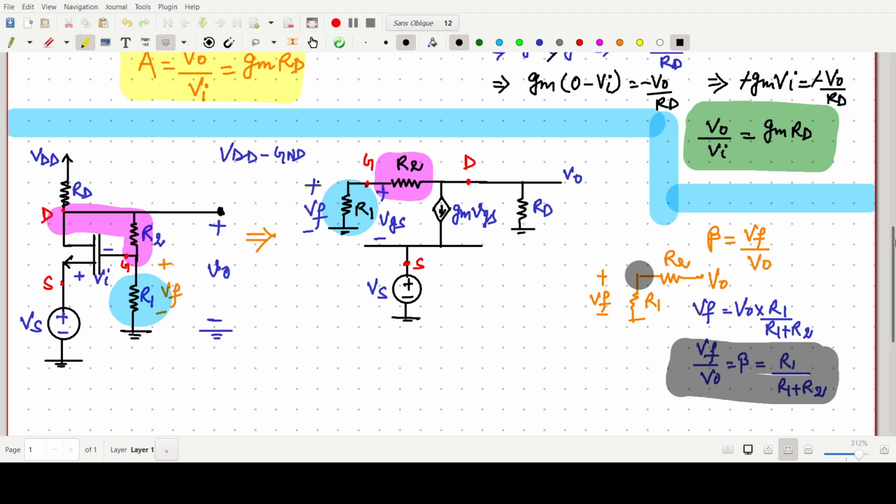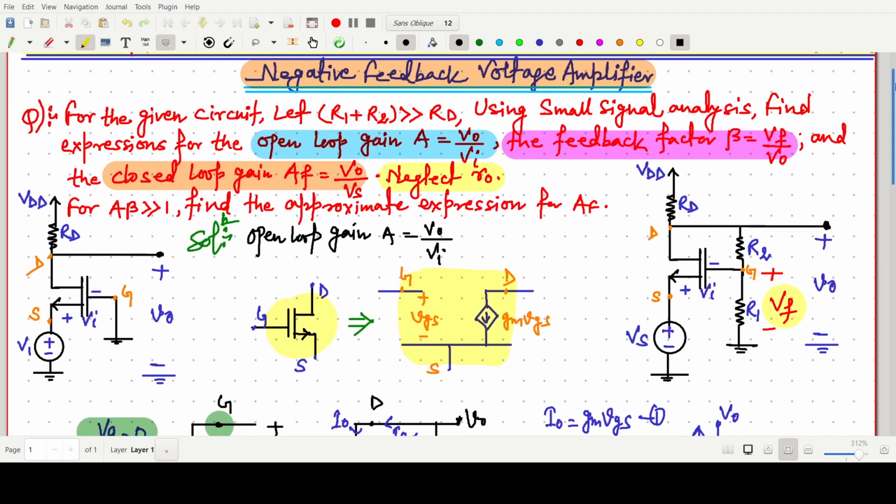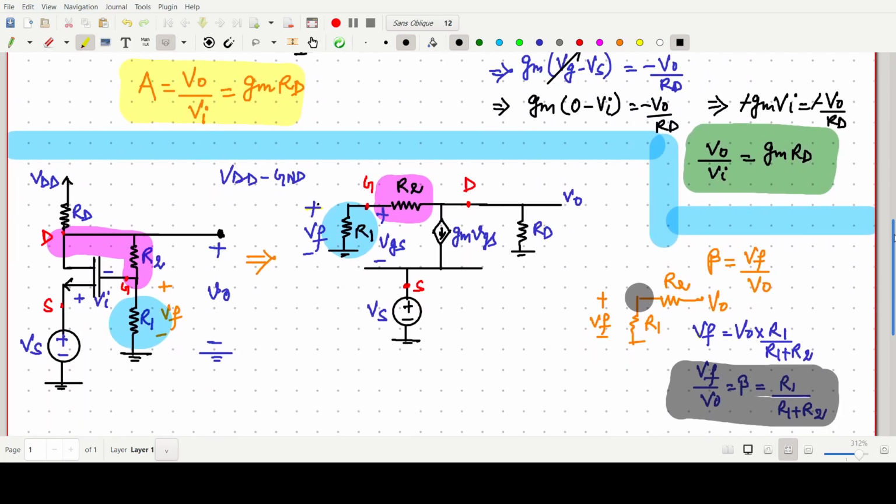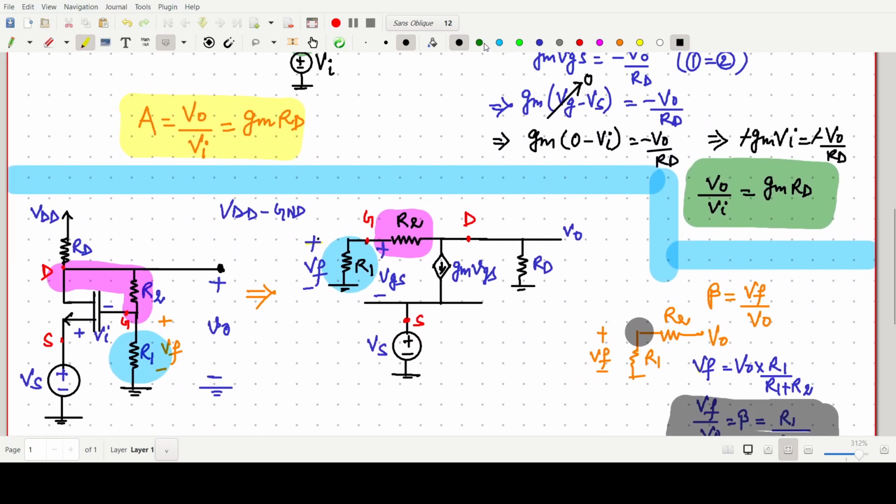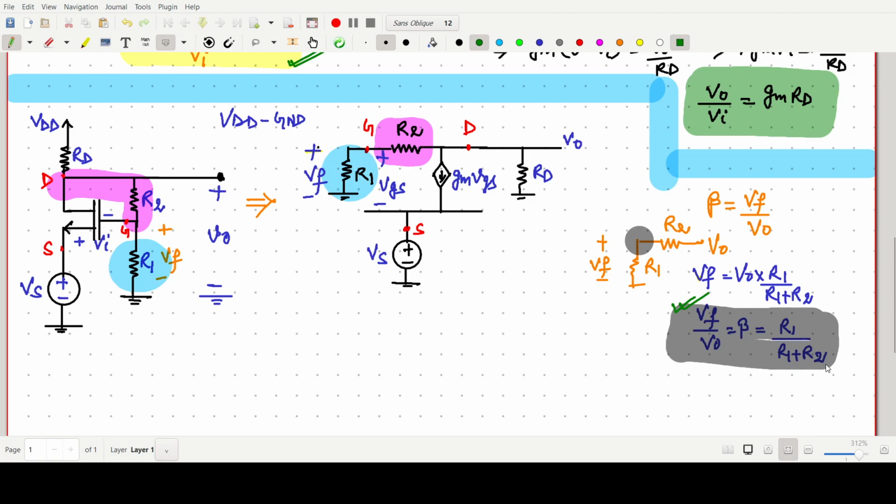The feedback factor Vf by V naught was also asked. So we have also calculated the first part, the open loop gain, this one A of the common gate. Then feedback factor beta: Vf by V naught, beta equals R1 by R1 plus R2.